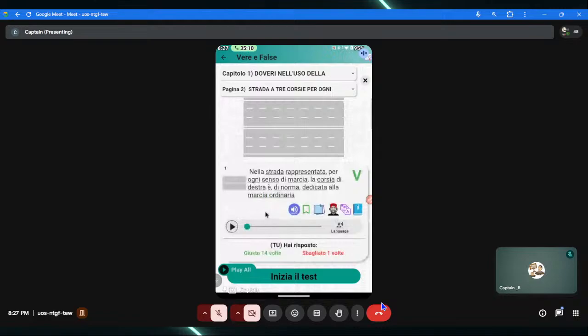Now, how does a 3-lane road look? Let me show you something. How many here? 1, 2, 3. Per ogni senso di marcia. Right?